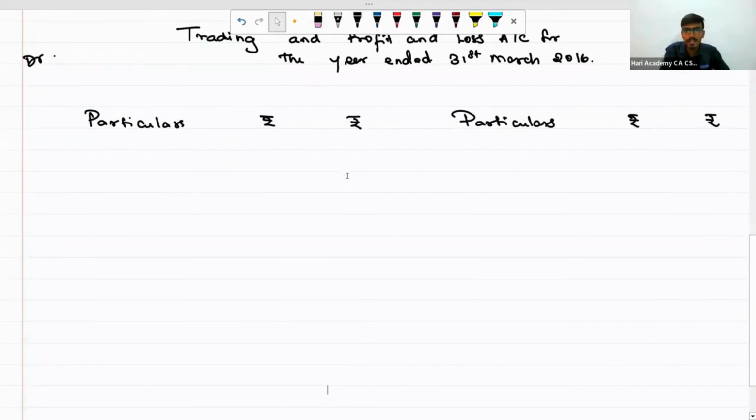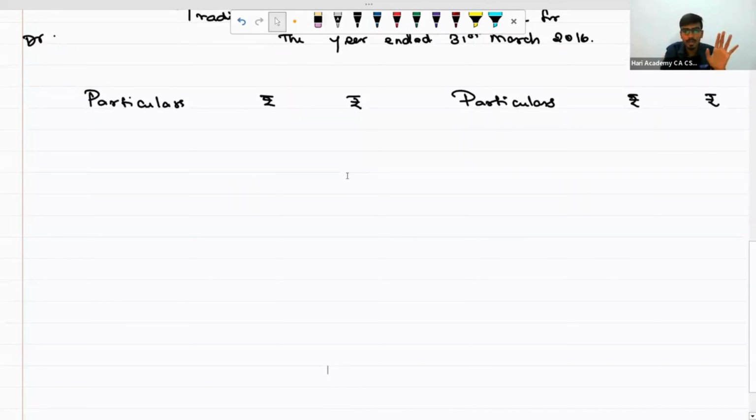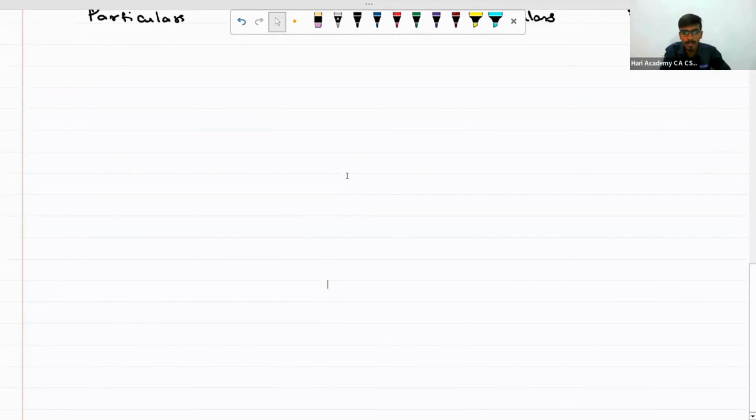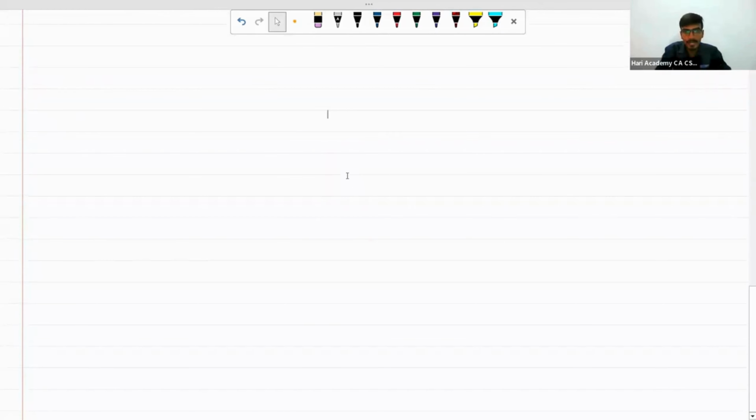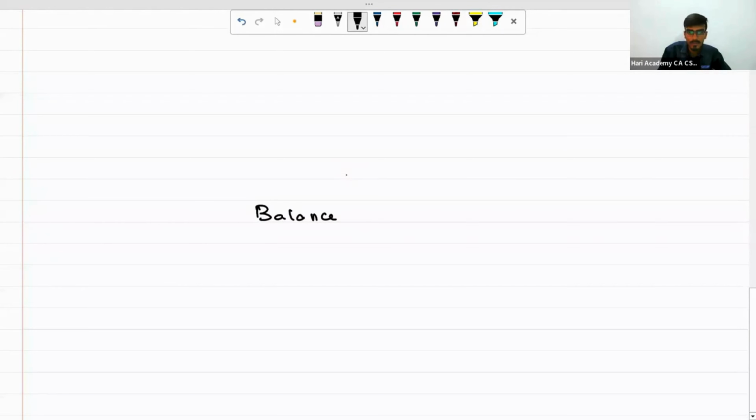Try in your notebooks, those who are doing along with me, to leave 10 to 15 lines. And after that, prepare the balance sheet. Put a heading and the formalities: balance sheet as on 31st March 2016.